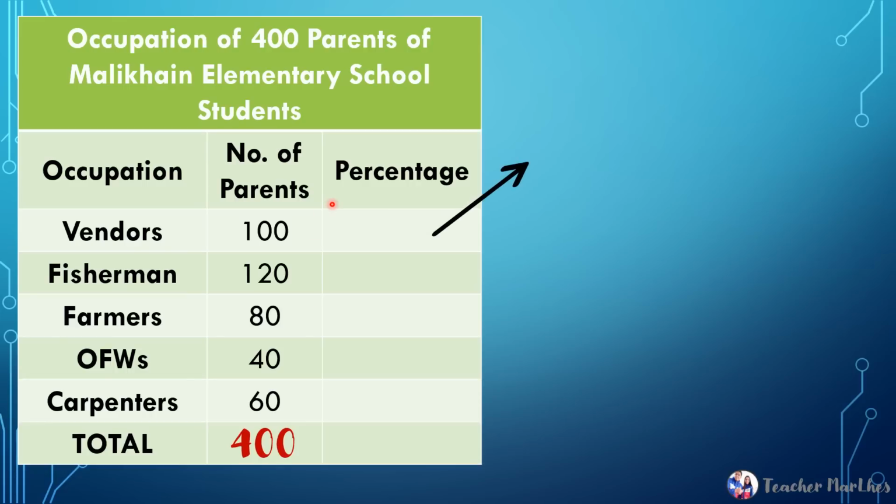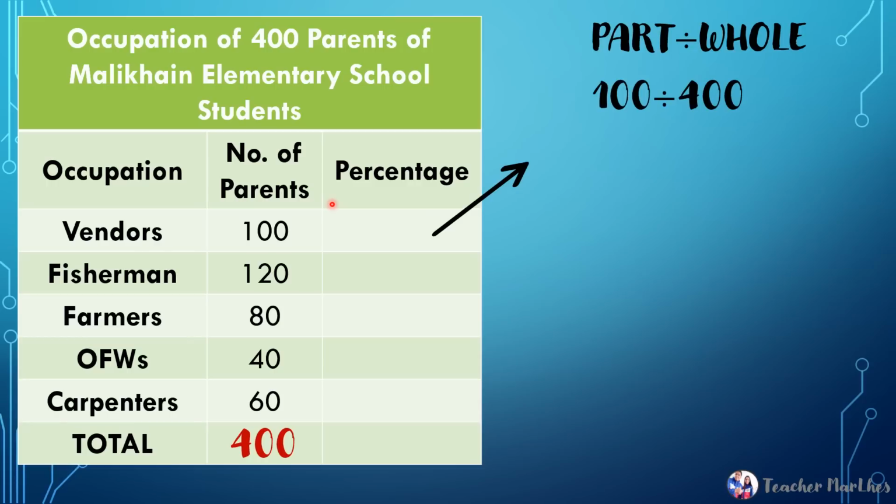We need to divide the part by the whole. So, 100 divided by 400. 100 is the part, and 400 is the whole or the total number of parents. So, 100 will be the dividend and 400 will be the divisor.